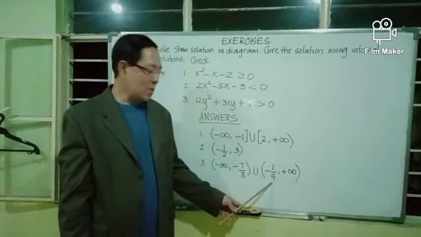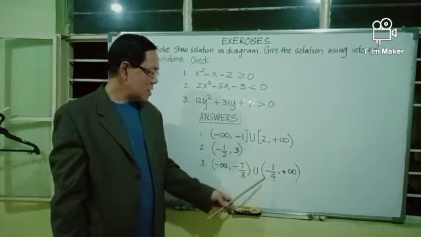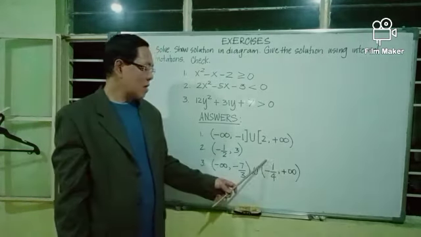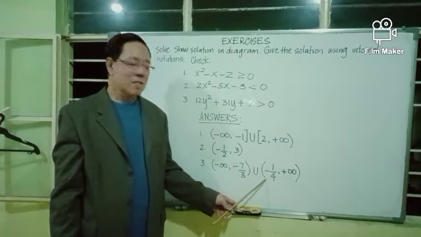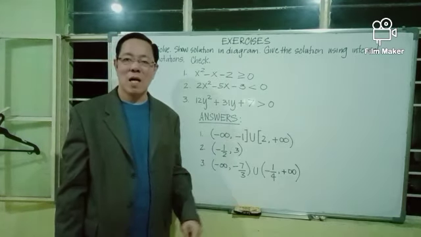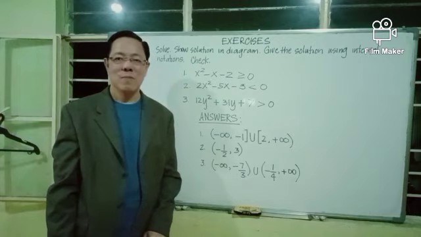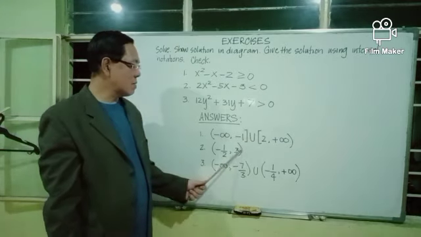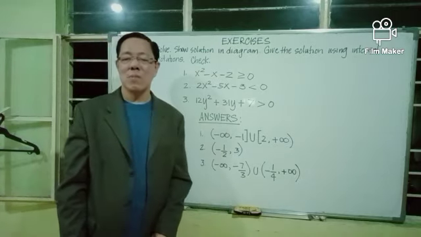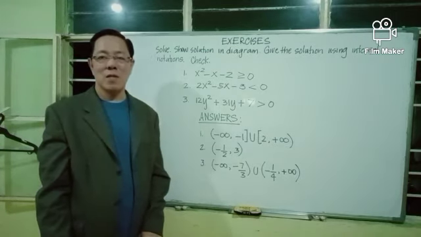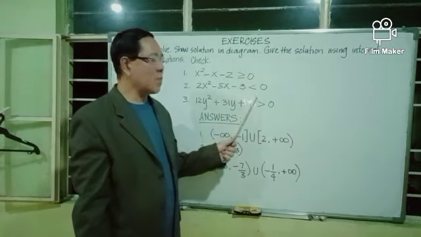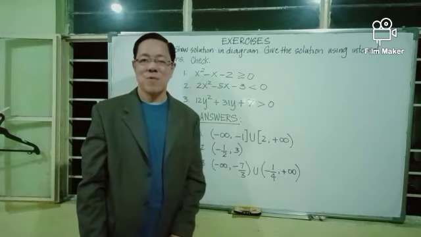And this open interval, this is negative 1/4 to positive infinity. As indicated by this open parenthesis, negative 1/4 is not part of the solution. To check your answer, you take any real number in these interval notations and substitute that real number in the quadratic expression and see if the inequality is satisfied.